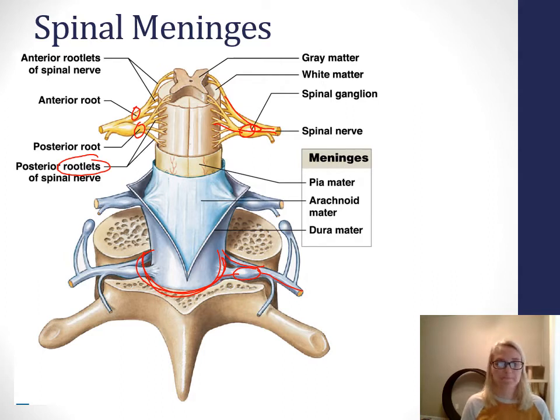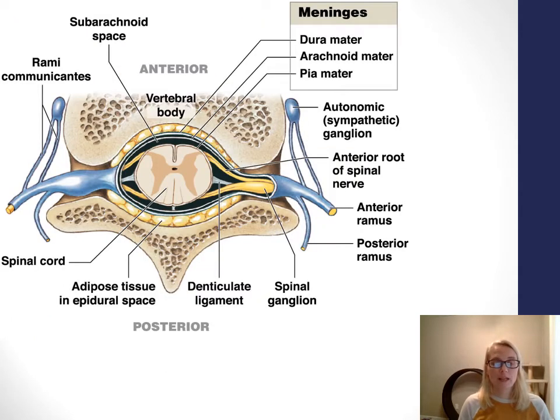Okay. If we take a look at this sectional view again with the bone in place, we can see some other features of the meninges and some space where the CSF is going to be, and a couple other features that were not seen on the other slides, sorry. So here's our vertebral spine.